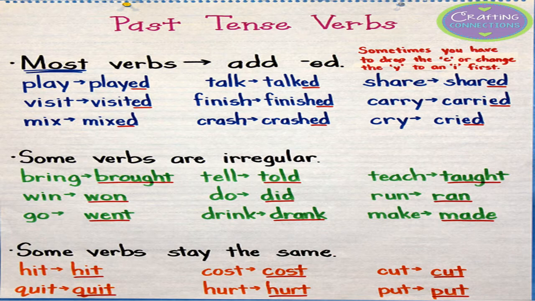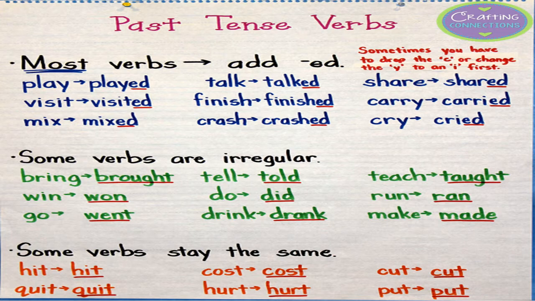So if the verb ends with e, we're going to add just d, like share, shared, like, liked. If the verb ends with y and before y a consonant letter, we are going to drop y and add ied, like carry, carried, cry, cried.